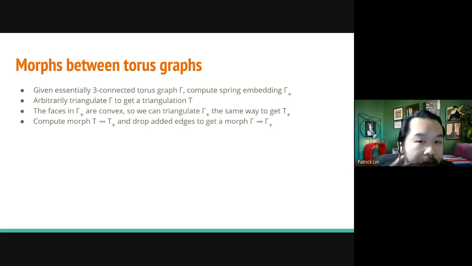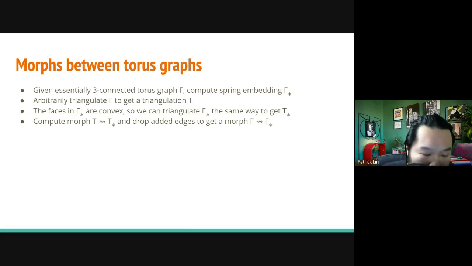And what happens is, for the other half of it, if we are trying to get from some embedding to another embedding, for the first half, we can choose a triangulation that's compatible with the starting embedding. With the second half, we choose a different triangulation that's compatible with the ending embedding. And now we don't care about compatibility between the start and the end at all, because the spring embedding in between is compatible with both. And if we're just dropping the additional edges, we don't really care.